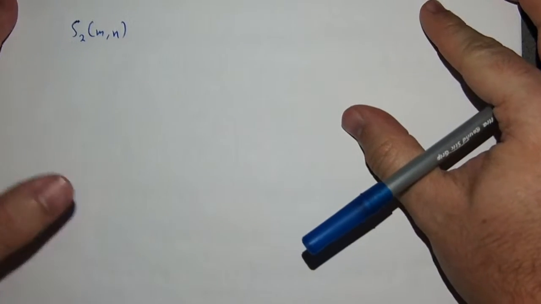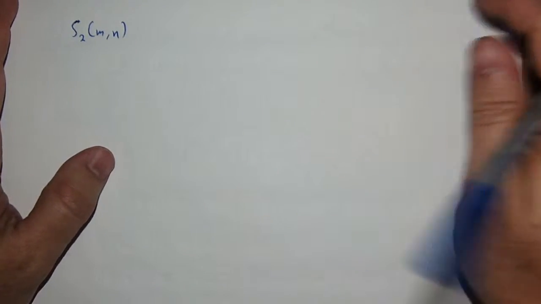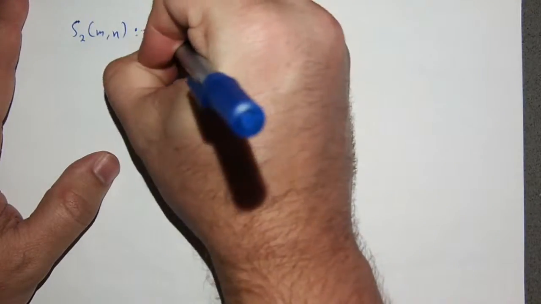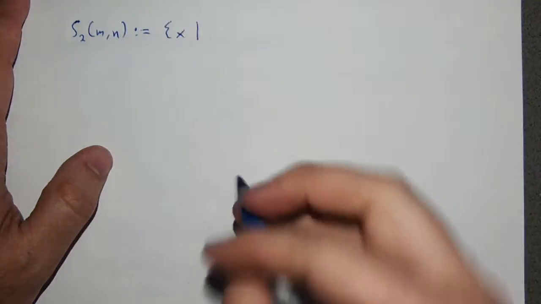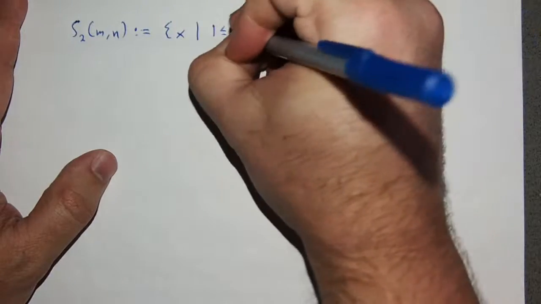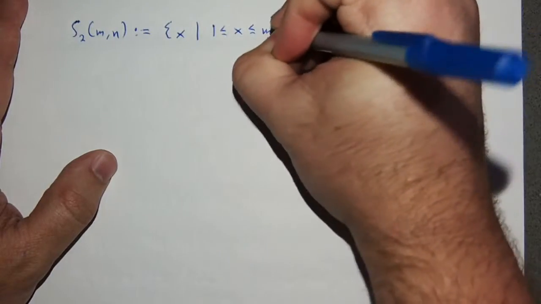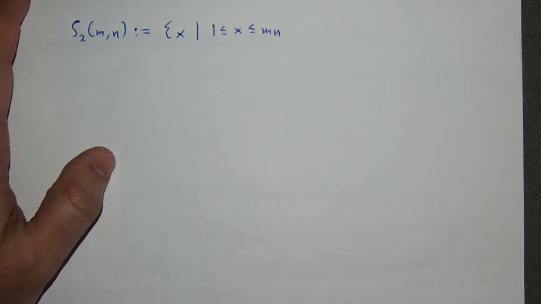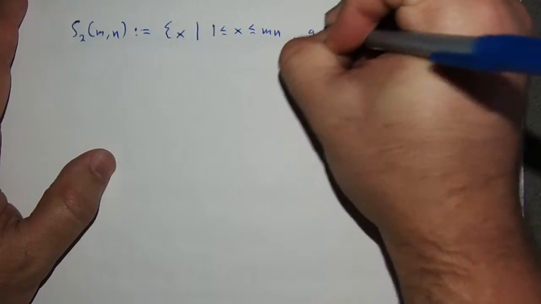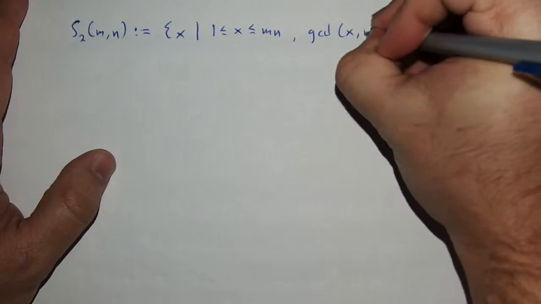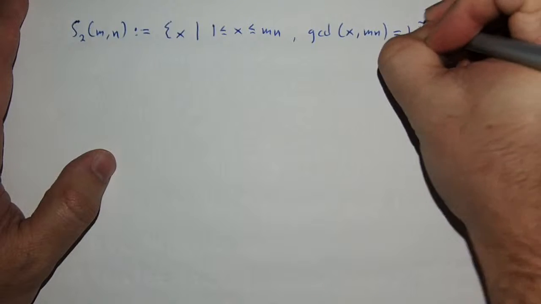Okay, so I have another set that I want to define. I have the set S sub 2 of mn, and this is defined to be the set of all x such that x is between 1 and mn, and the GCD of x and mn is 1.